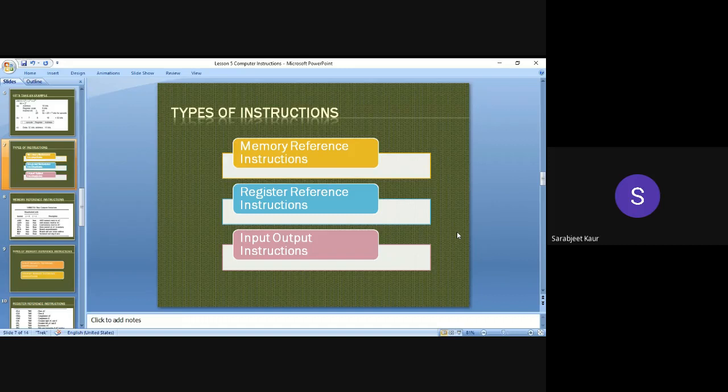This is going to be a very important class, where we will be talking about the different types of instructions. This will then determine a lot of things. We will be talking about the instruction cycle and the interrupt cycle. All that will be based upon the next class.